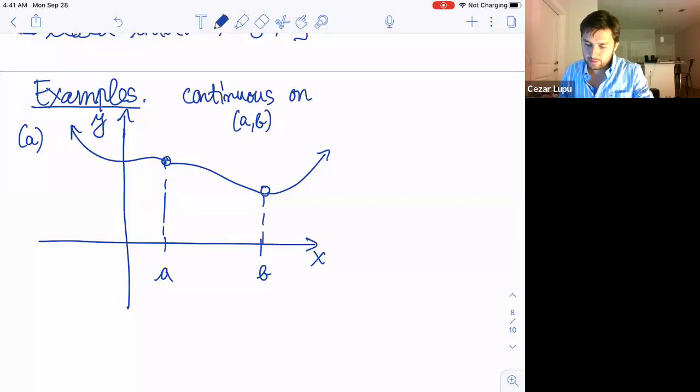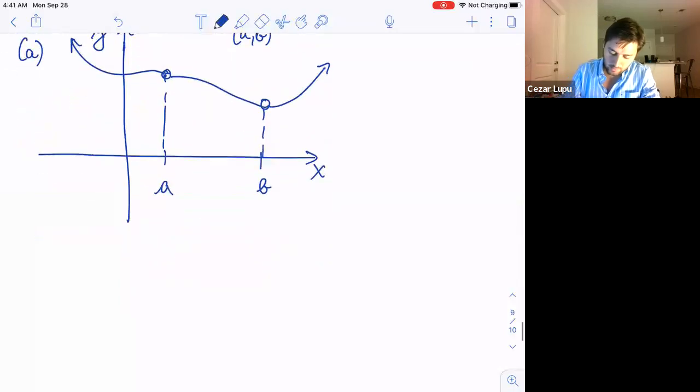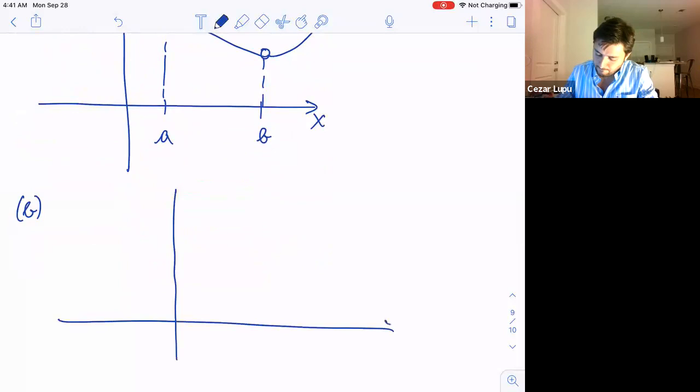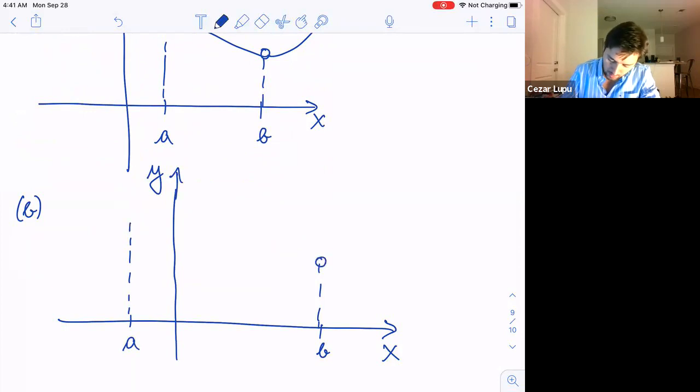Okay, now let's see the second example. I think I have to draw it here. Let's just say this is A, and this is B. And let's just say I have here a hole, so this will go like this, the graph of f.